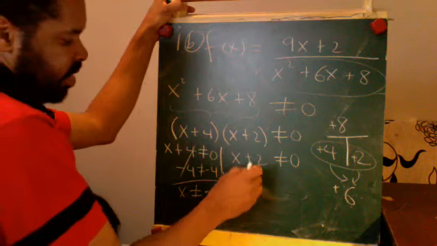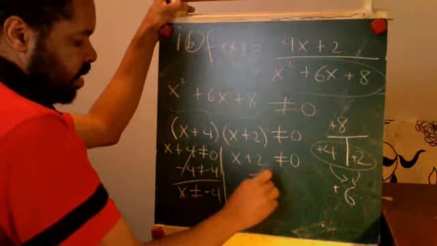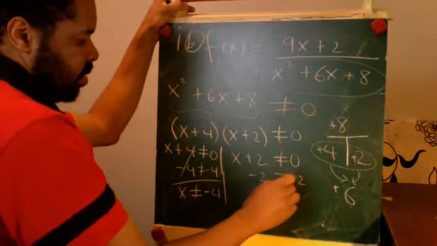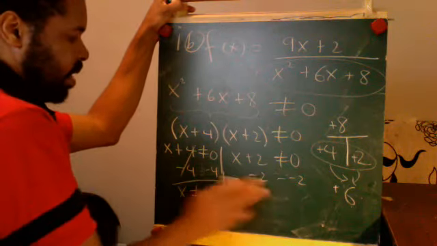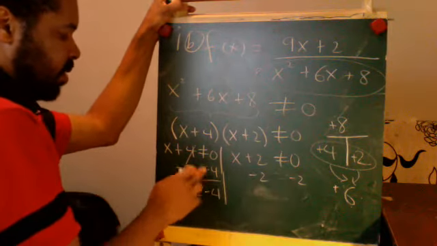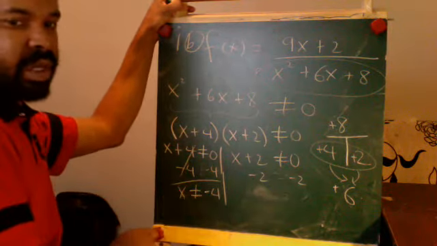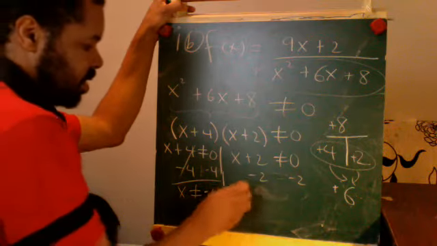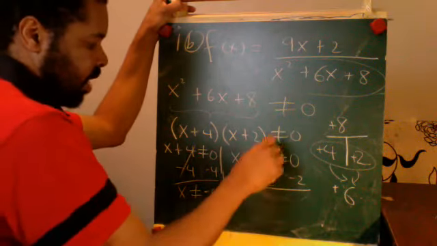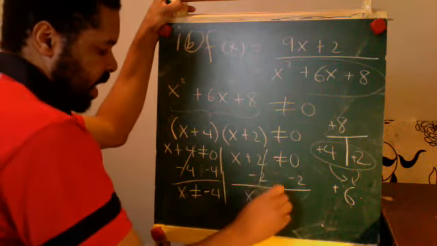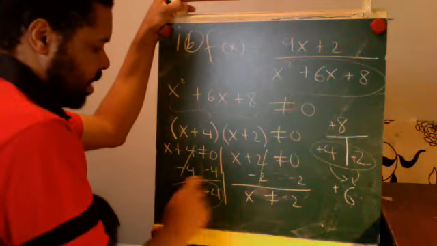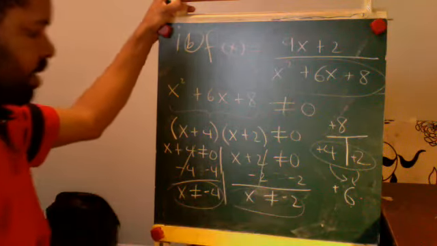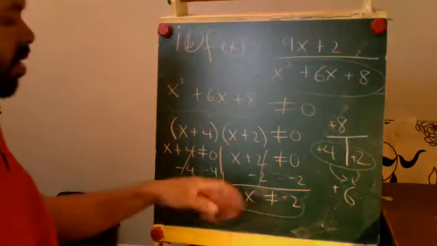Similarly over here, you're subtracting 2 from both sides, so I get x is not equal to negative 2. I want x not to be negative 2, and I want x not to be equal to negative 4.